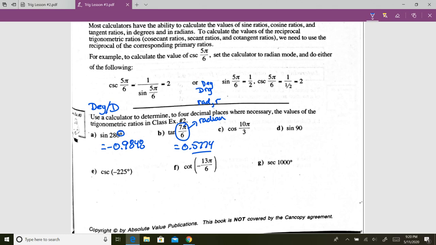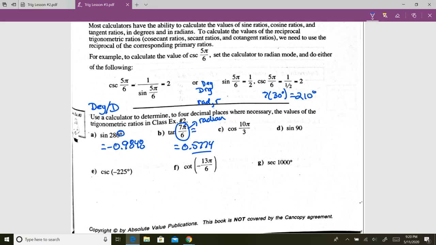Conversely, if you don't want to switch back and forth between modes, you could just convert 7 pi over 6 to degrees. I'll do it up here. Pi over 6 is 30 degrees, and we have 7 of them. So that's 210.